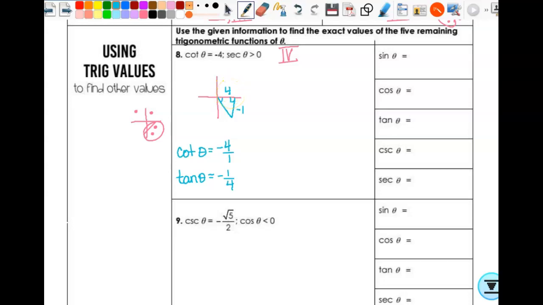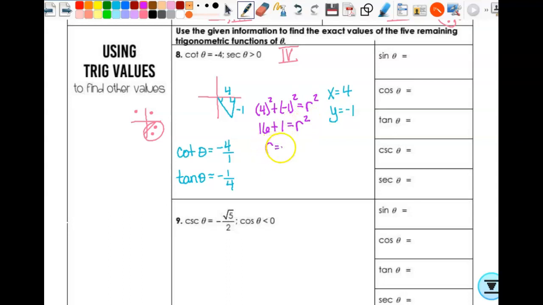Then from that, I'm going to find the radius. So I know that x is 4, y is -1. Then for my radius, I'd have 4 squared plus -1 squared equals r squared. So 16 plus 1 equals r squared.